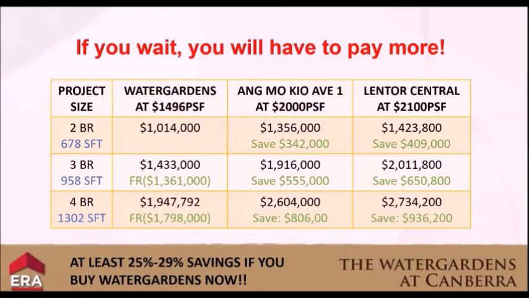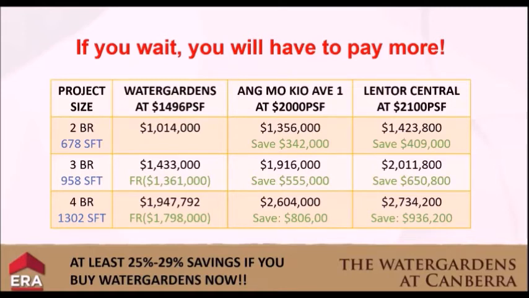Okay, the cheapest 2-bedroom at Watergardens is actually 0107 at a PSF of 1496 PSF. That will work out to be 1.014 million.